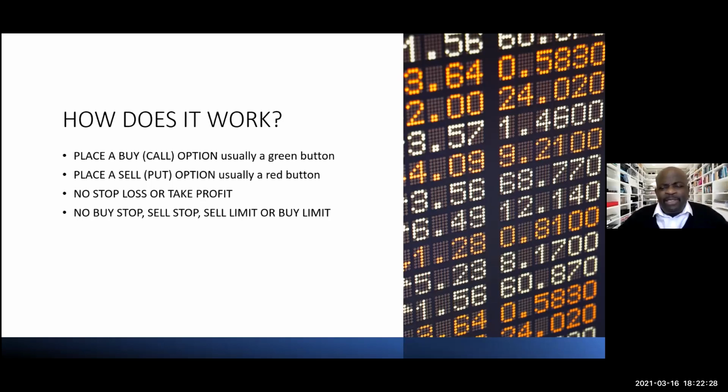The probability of being right is small, and for those who are familiar with Forex, it is a little riskier than Forex, but then it depends on what you're looking at. If you really learn the strategies and you can get 8 to 9 trades correct out of 10, then you're really going to make a lot of money.